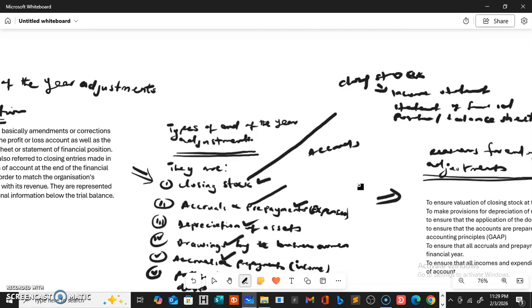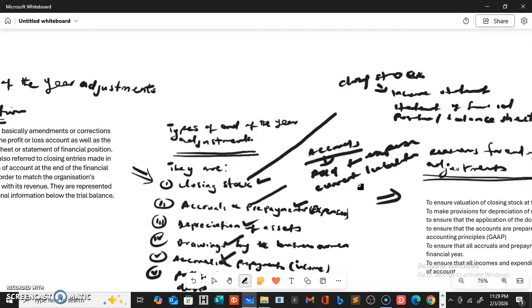In this case, we recognize accrued expenses in the income statement as an expense, which we add back to the expense in the income statement, and we also recognize it as a current liability. So that's it for accrued expenses.